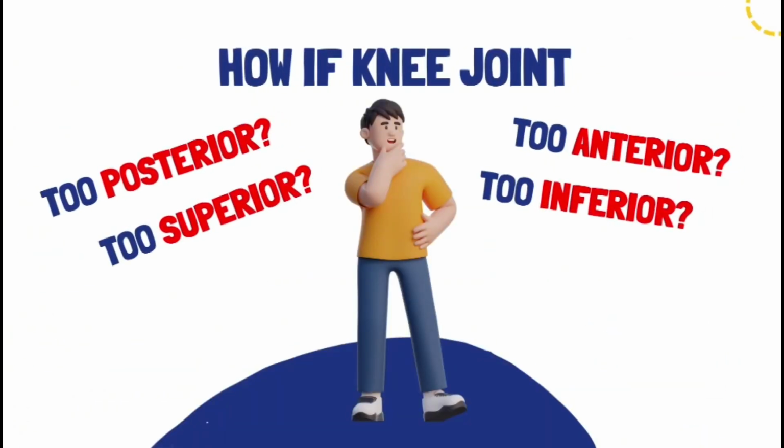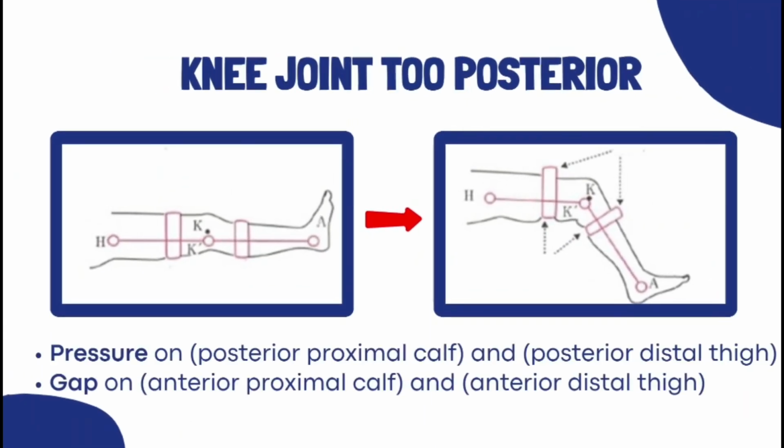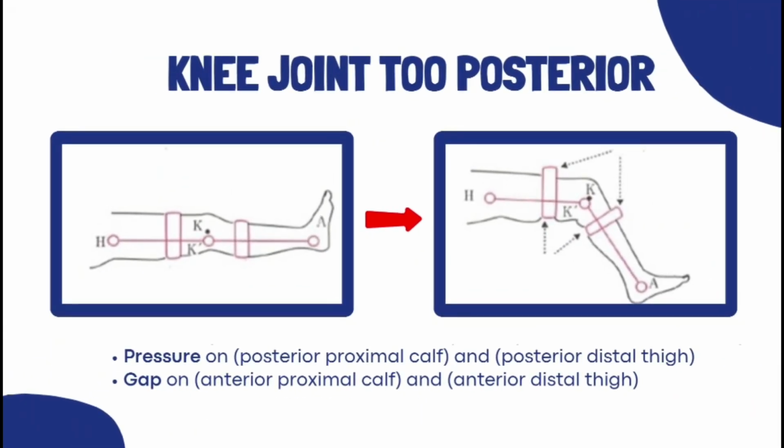And what if the knee joint is placed too posterior or superior, or too anterior or inferior? If the knee joint is too posterior, this is the knee joint too posterior for the extended leg, and if the patient flexes the knee, there can be pressure on the posterior proximal calf.